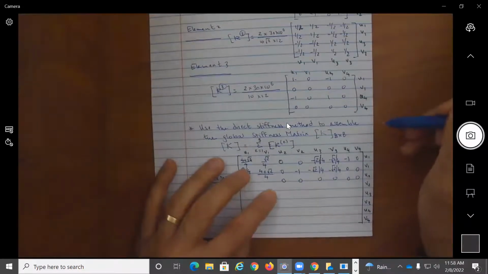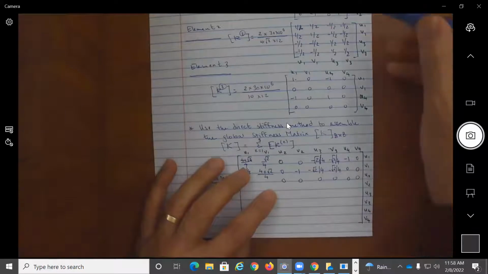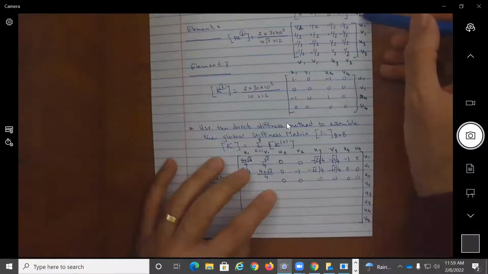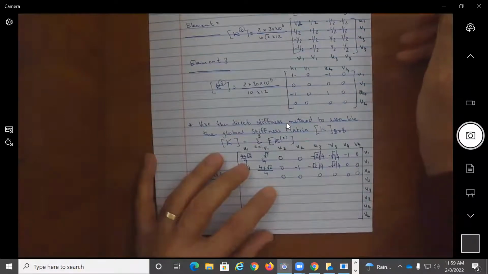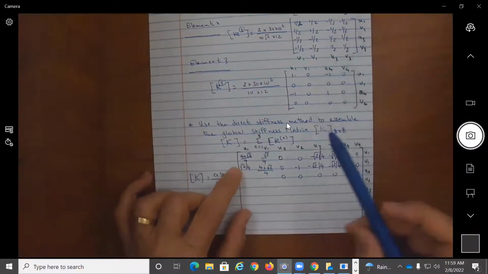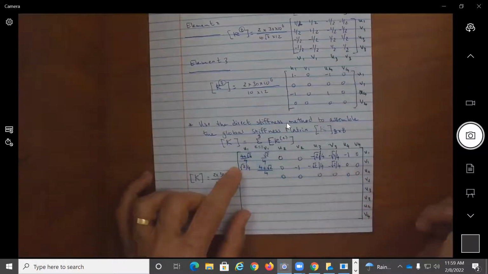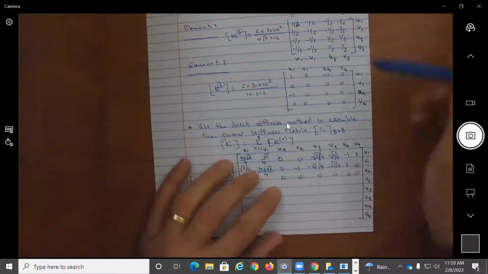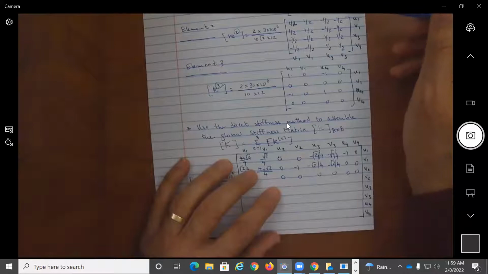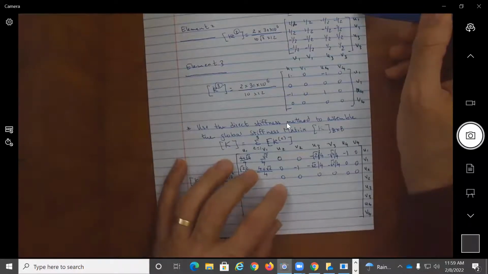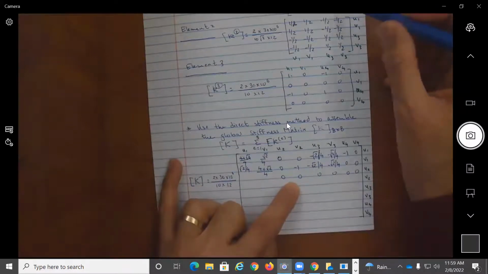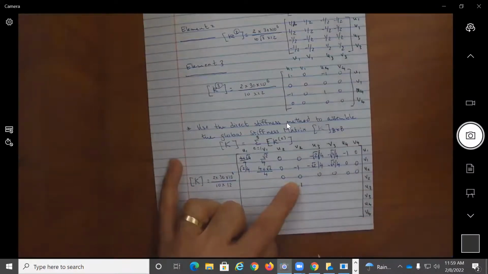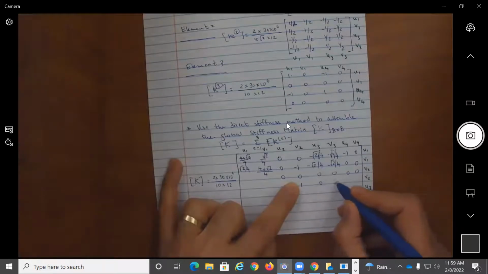Next, I go to the V2 line. Did you fill in U1? I did not, because I'm going to rely on symmetry. So I'm looking at V2, and I have here a 1. And then I have zeros.